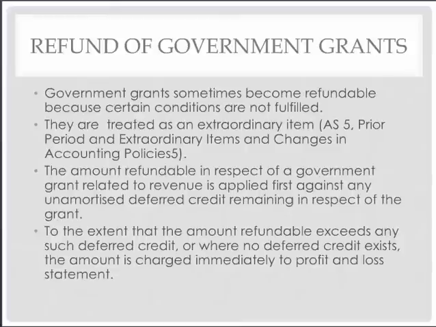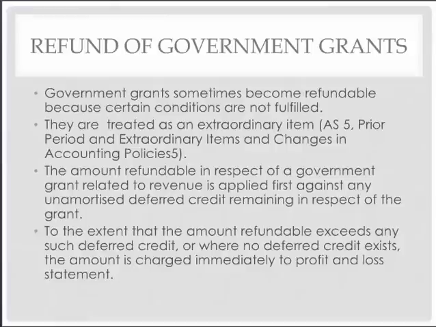Firstly, amount refundable should be adjusted with the unamortized credit standing in the balance sheet. If there is still balance which needs to be refunded, then that should be immediately charged to profit and loss account. Let me give you an example.